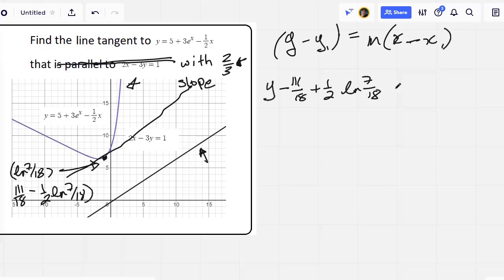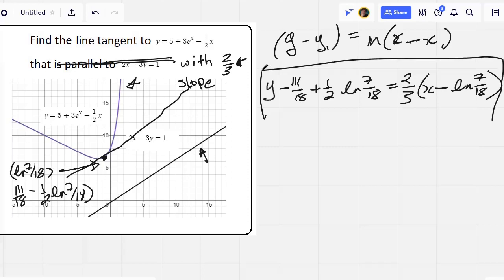And that equals the slope that we previously determined, 2/3, times x minus the x term, which was log of 7 over 18. And that's the equation for the line tangent to the curve that's parallel to the other line.